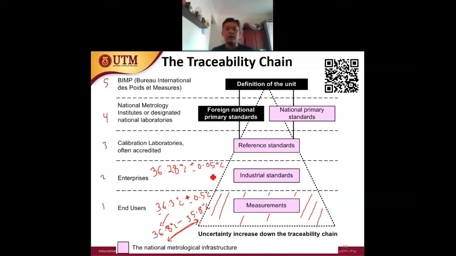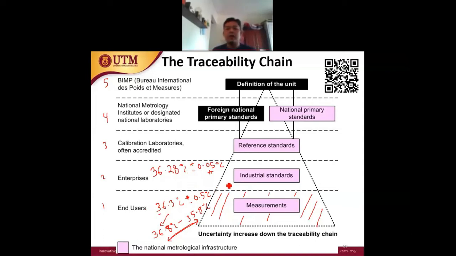You can see the decimal places, 0.05. If you work out the range, the gap between the expected results is much lower than what we got from the end user. So this is an example of temperature measurement from the end user to the enterprise.